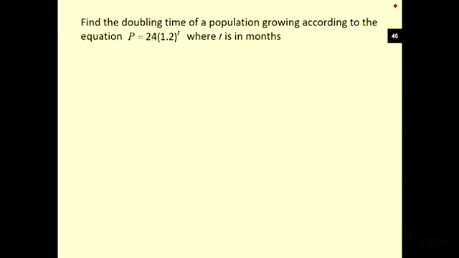It's getting bigger, and if it started at 24, the question is saying when is it at 48. So I just grab 48 from 2 times the initial value, which is sitting out the front. Again, predictably, when I get rid of that 24, it's the number 2. So doubling time is 2 equals something to the t. Half-life would be half equals something to t, and so on.